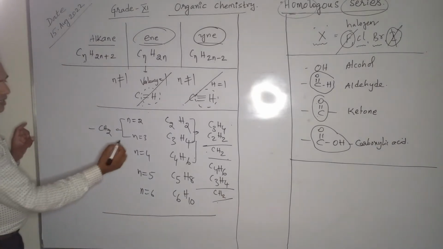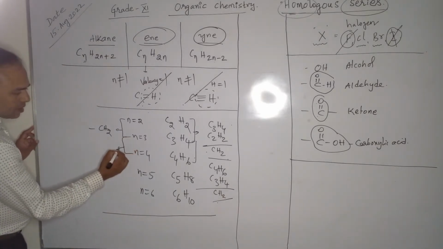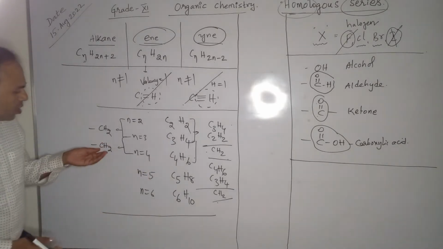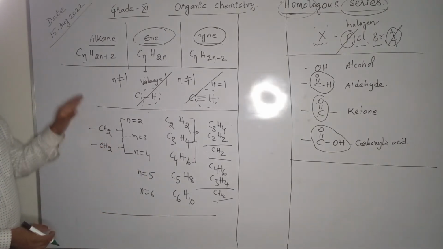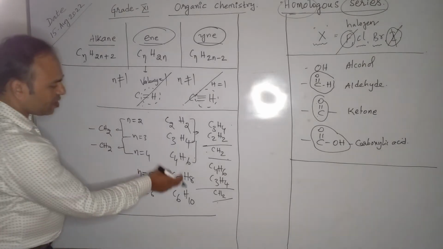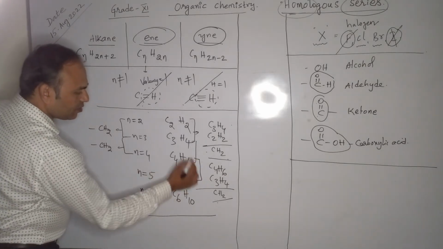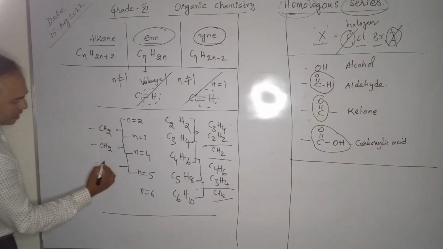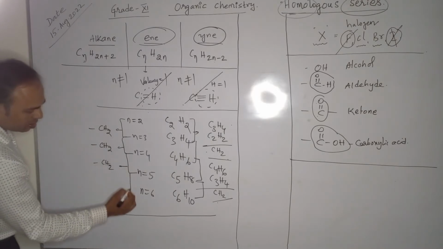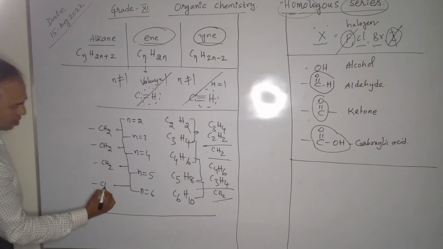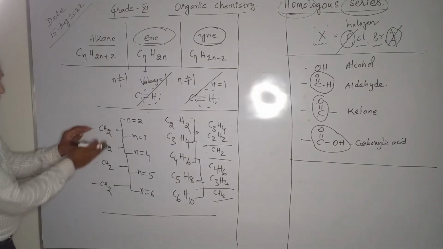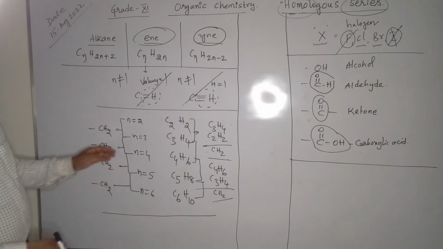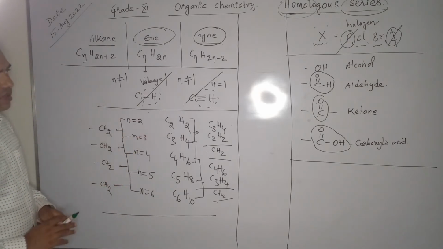So again I can easily understand the difference between the next two successive members is also a methylene group. So homologous. Same way if you take the difference between the others, you will get the methylene group. The difference between successive members is the same group, that is nothing but a homologous series.